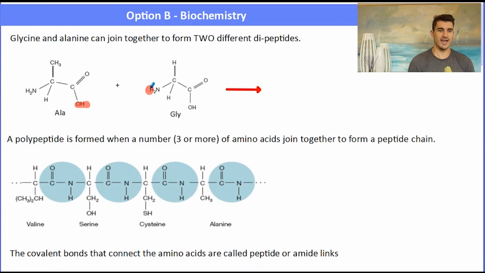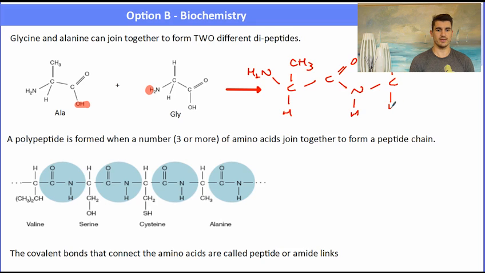So here we have our alanine with its amine group at the end, and then its Z group, and now its link will be between the carbonyl group, the C double bond O, and the amine group, the NH, to glycine's amine and its Z group and its carboxy group at the end. This is a different dipeptide to the dipeptide before.